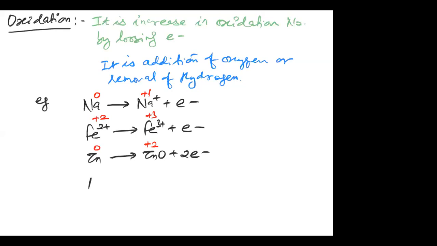Similarly, suppose NH3 is converting to N2, so 2 moles of nitrogen. Here the oxidation number of nitrogen is -3. It is going to be 0 here, and it has to lose, let's say, 6 electrons here.